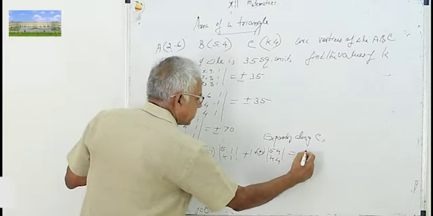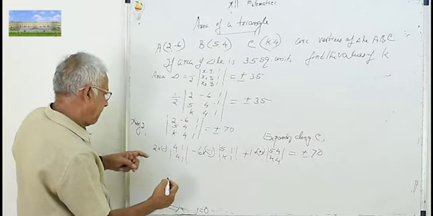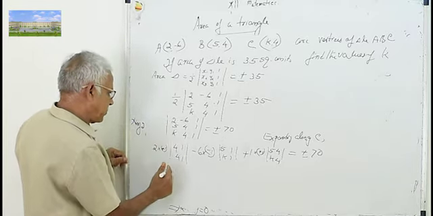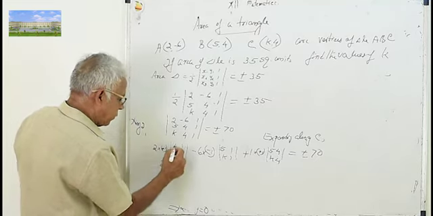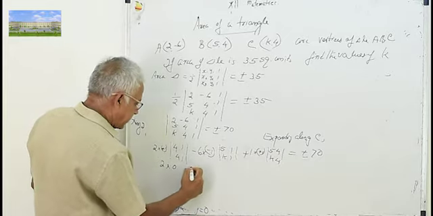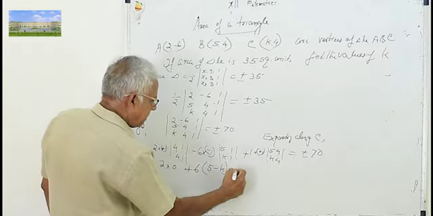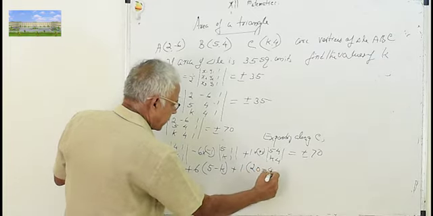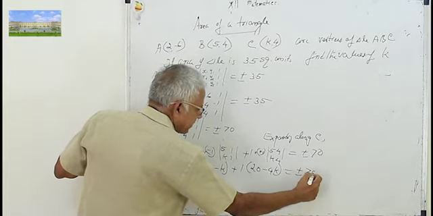This is equal to plus or minus 70. Then 2 into (4 minus 4), minus into minus, plus 6 into (5 into 1 minus k), plus 1 into (20 minus 4k) is equal to plus or minus 70.